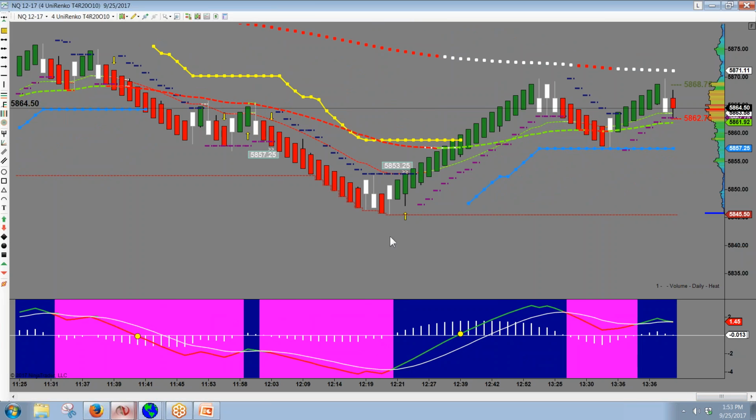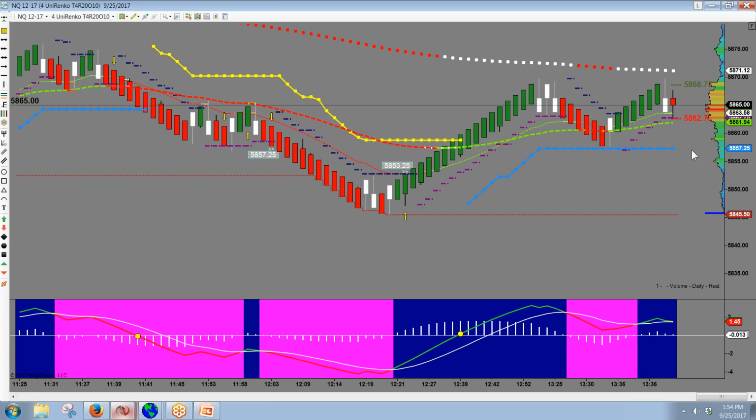So this short, valid. This buy right here, valid. So once again, into the moving average, you're going to use that as a possible stall area. And that falls right in line with this little congestion area. Once you're through, then you're looking up at the next area of resistance. This short, not valid. This buy, not valid.